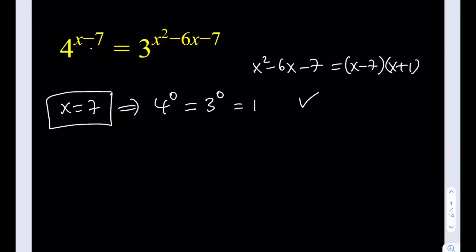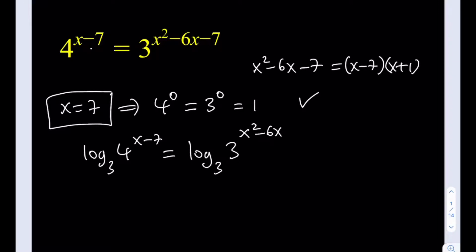Log base 3 of 4 to the power x minus 7 equals log base 3 of 3 to the power x squared minus 6x minus 7. Okay? All right, so now, as you know, the good thing about taking logs of both sides is we can get rid of the exponents, right?